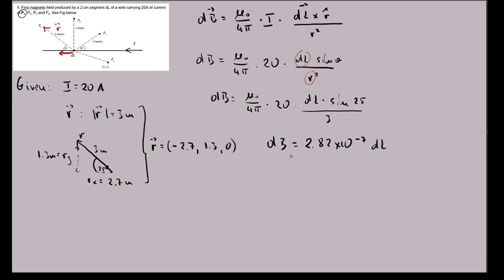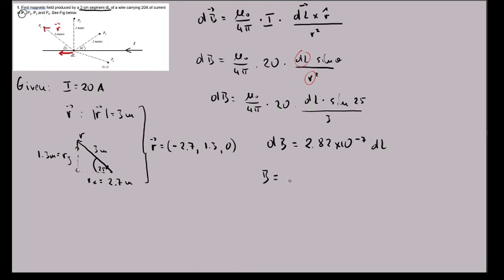Now that I have this here, it's easy to finish the problem in that the segment of the wire, so find the magnetic field produced by 2 centimeters of the wire dl. In other words, what I have here is that the magnetic field that I'm interested in, the magnetic field produced by the segment of the wire that is only 2 centimeters.